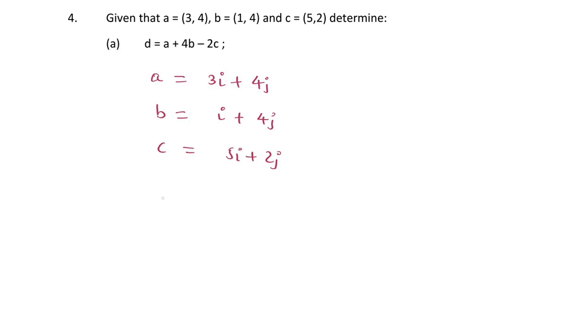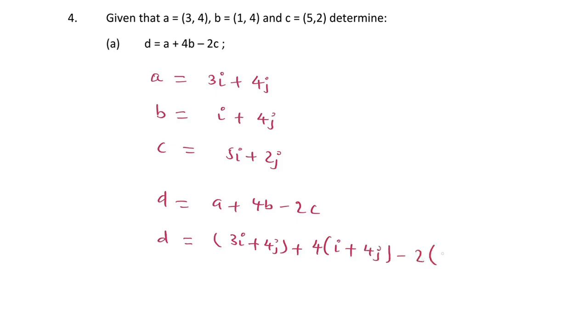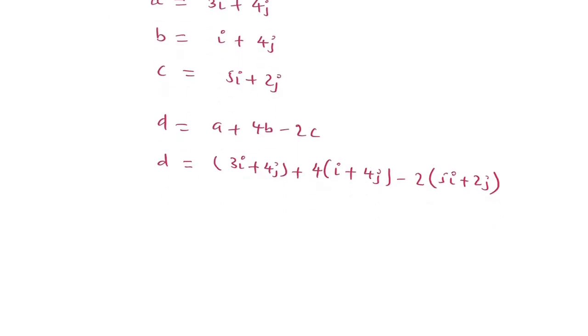Now for D equals A plus 4B minus 2C, let us substitute the values of A, B, and C. Our equation is D equals, in brackets, 3i plus 4j, plus 4 times, in brackets, i plus 4j, minus 2 times, in brackets, 5i plus 2j. Now let us open the brackets.